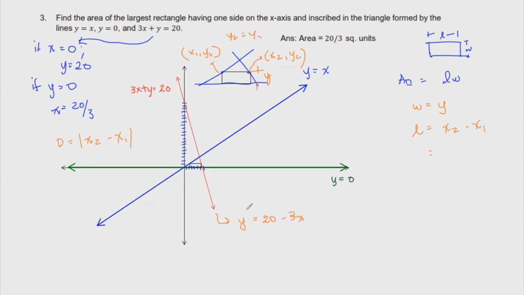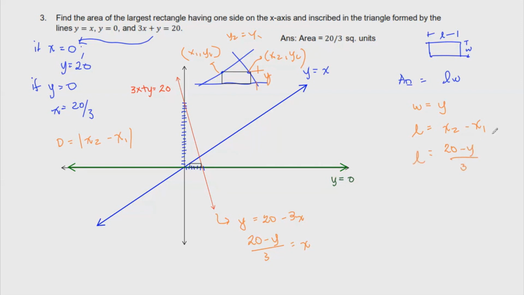And then if we want to express that in terms of y only, we could just do something like 20 minus y over 3, and that is equal to x. And that's exactly the thing that we need here. We need the x expression in terms of y. So that is 20 minus y over 3.